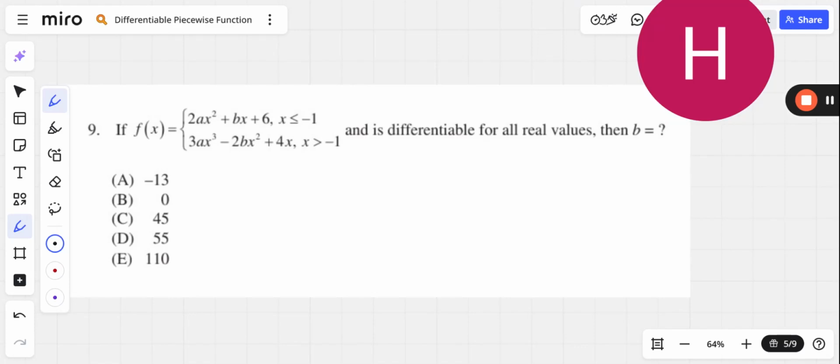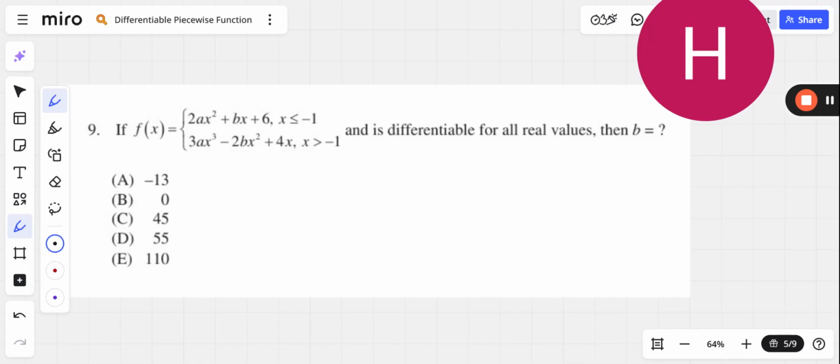In this case, give yourself 3 minutes. That's roughly the average time per problem. If you can do it in 2.5, that's great. Some problems take longer than others, of course. Once you give yourself a shot to try this problem, you can come back, unpause the video, and see how it's done here.